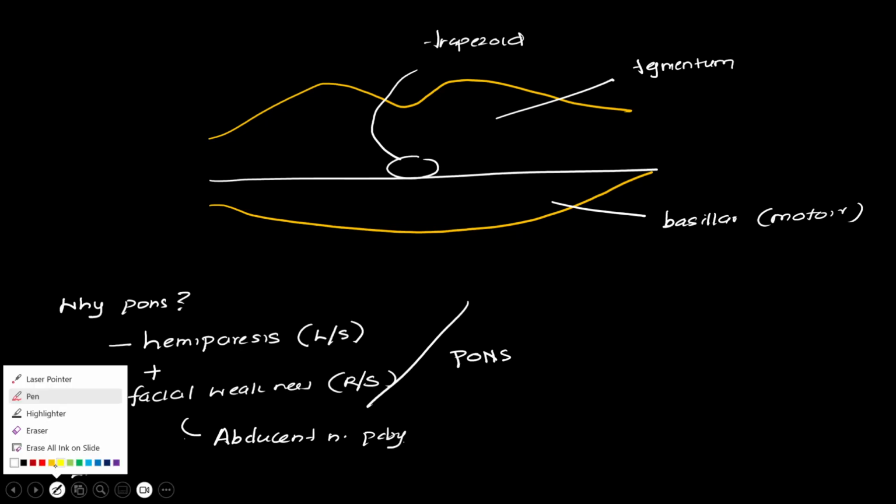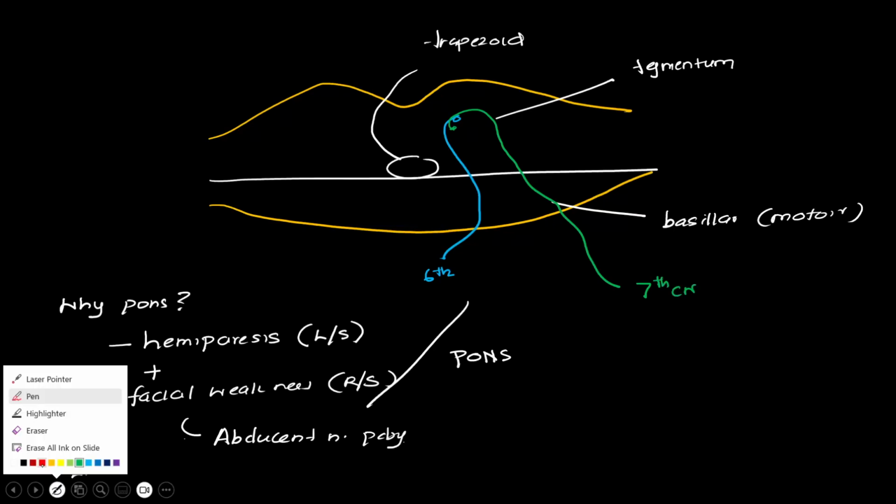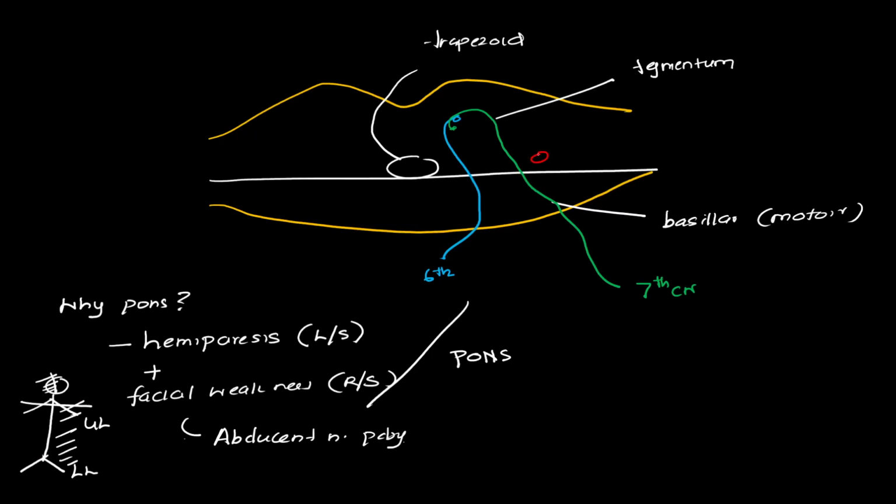In addition to that, if you can remember, there was the sixth cranial nerve, the seventh cranial nerve, and there were multiple sensory tracts which included the medial lemniscus, the trigeminal lemniscus, the spinal lemniscus, and the lateral lemniscus. In addition to that, there was also the spinocerebellar tract as well as the middle cerebellar peduncle in the more lateral aspect.